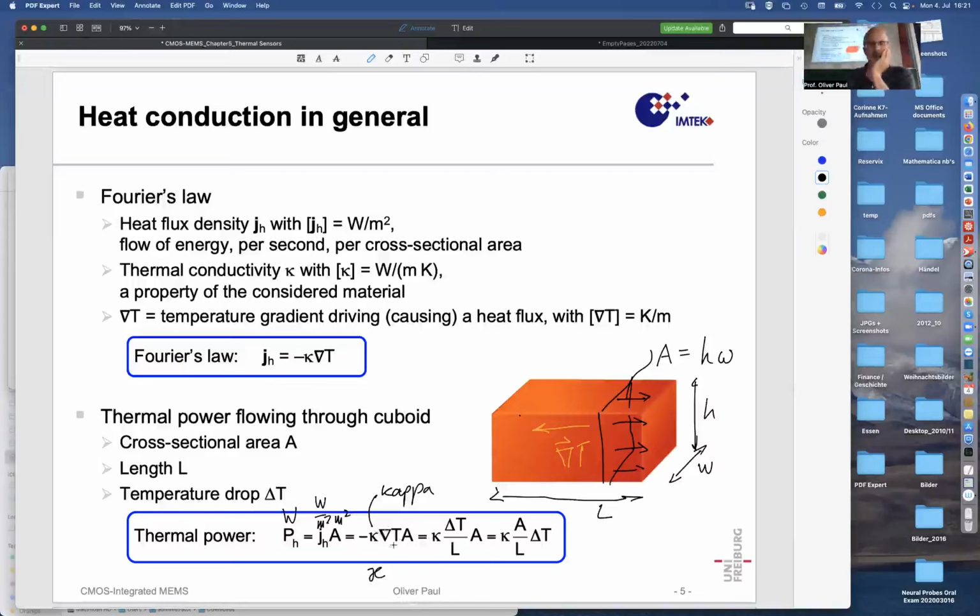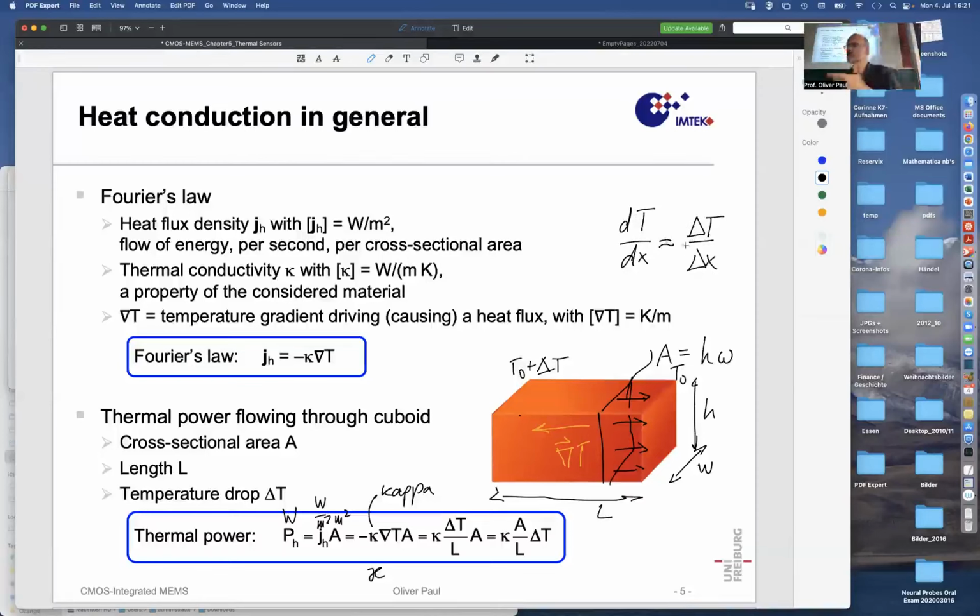And so that's quite easy. And the gradient of T, what is the gradient of T? It's the difference in temperature divided by length. So if we have here a temperature T0 and here a temperature T0 plus delta T, this part is hotter if delta T is positive, and the gradient is, in a one-dimensional setting, dT over dx, or if you would like to write this as a difference quotient, it's delta T over delta x.